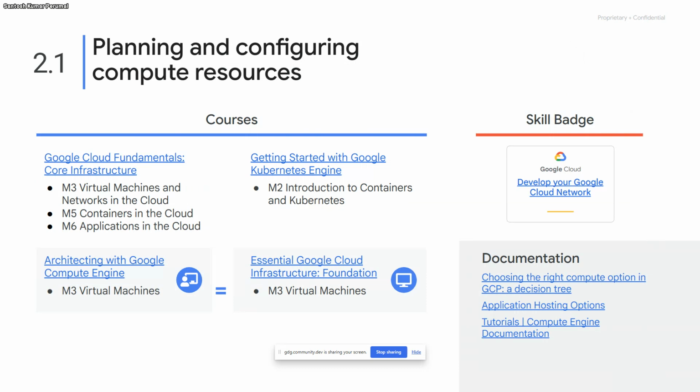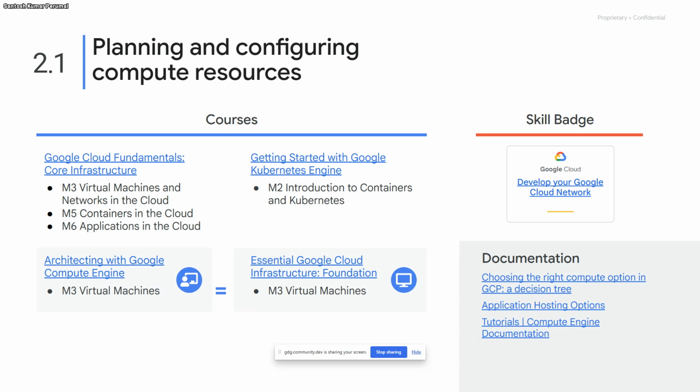Yeah, so here what you need to see here is all those things that we discussed in the slides. They are very much thoroughly covered in these modules and in these courses and also in the skill badge. So pay attention whenever you are covering these modules. It will mainly cover all the concepts that we discuss now on selecting the compute engine and selecting the right virtual machines or the platform as a service.